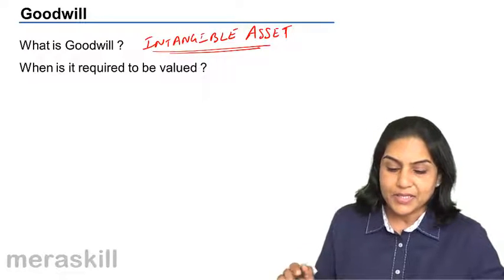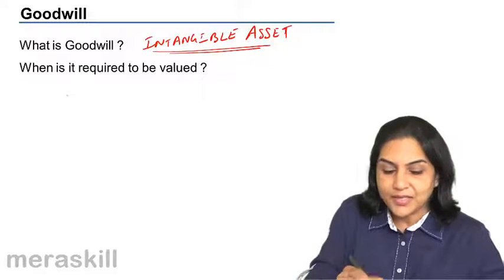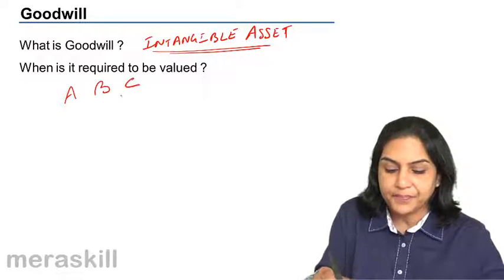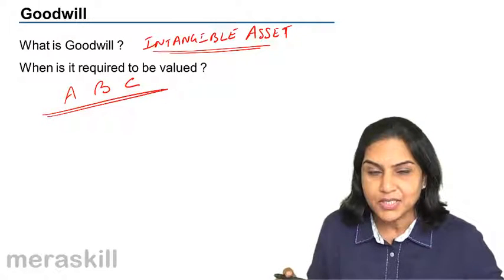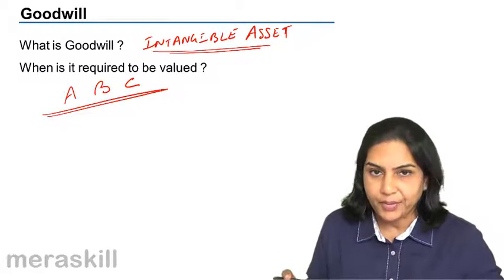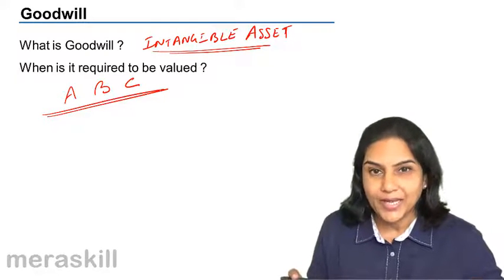Now what happens is, in a partnership, suppose there are three partners, A, B and C, and they have established a business with good repute over a period of 20 years.